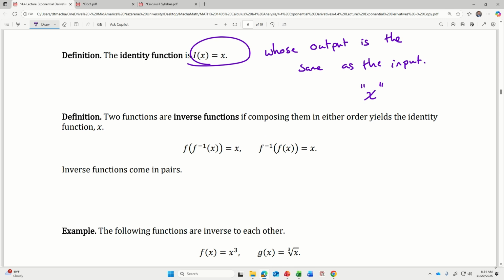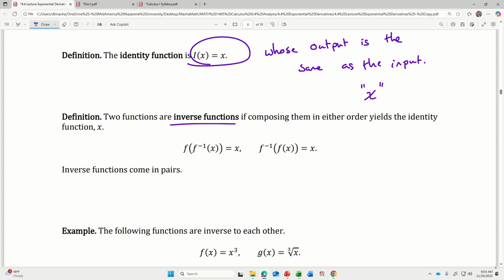This is the definition of inverse functions. We say two functions are inverse functions to each other if composing them in either order yields the identity function. So if I have f composed with the inverse of f, that will always give me the identity function. And if I have the inverse of f composed with f, that's always going to give me the identity function.